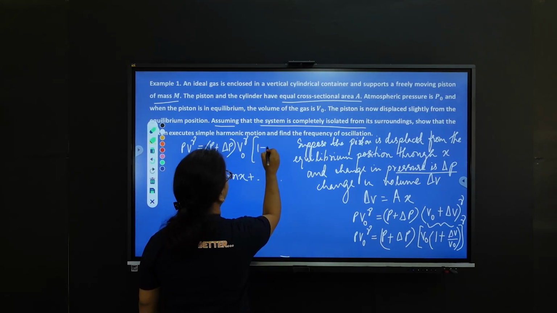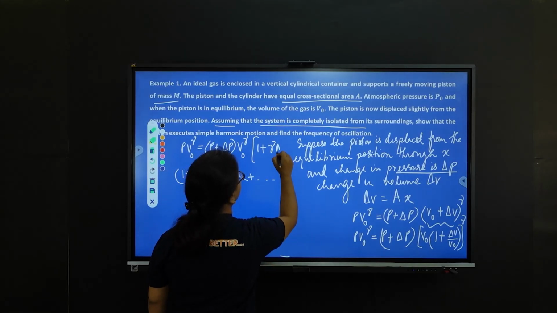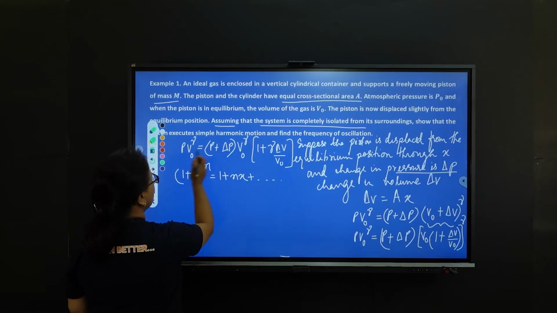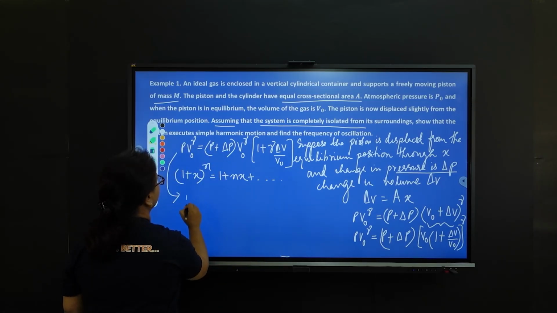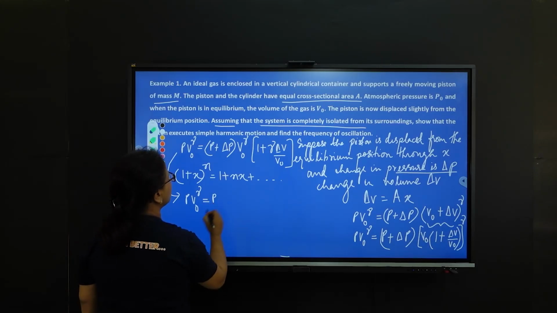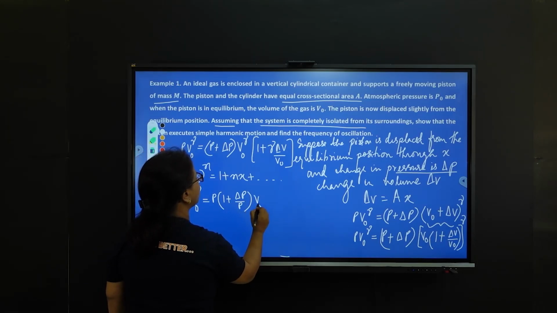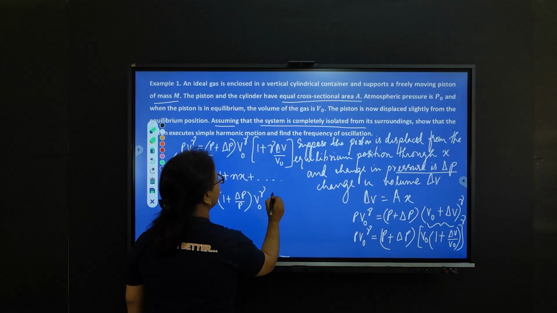We have 1 plus n, n is gamma, and x is delta V by V naught here. So let's work on this. We have P V naught to the power gamma, and let's take P out from the first expression. We'll be left with P times (1 plus delta P by P), and we have the other terms following.